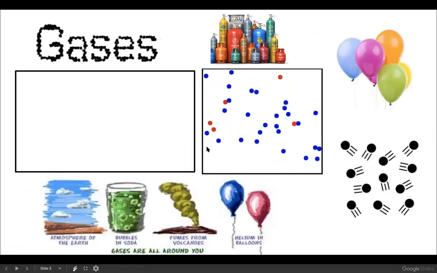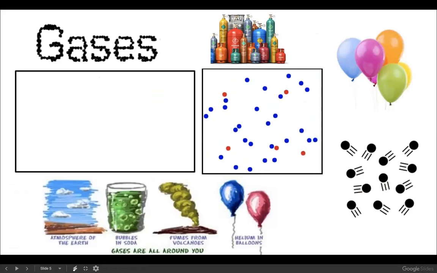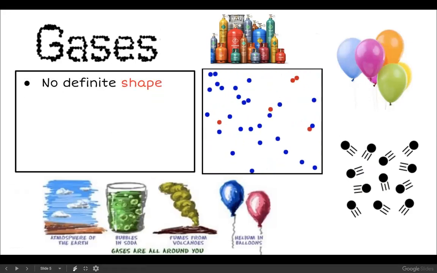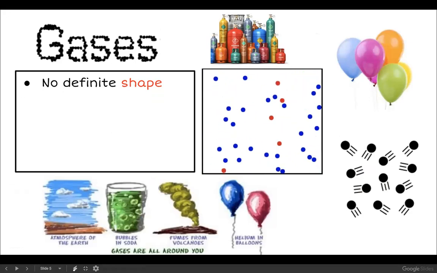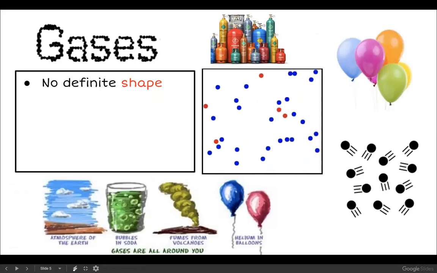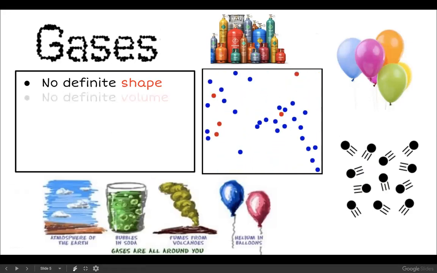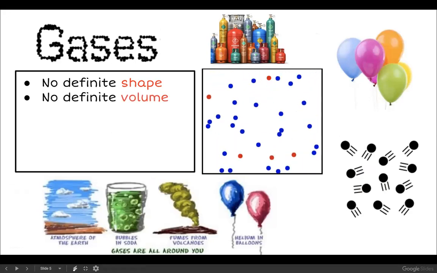Okay, so then that brings us to gases. What is a gas and how does it act? Well, a gas has no definite shape, so it also can flow like a liquid. Some gases you can pour, so they don't have a definite shape. They also don't have a definite volume.